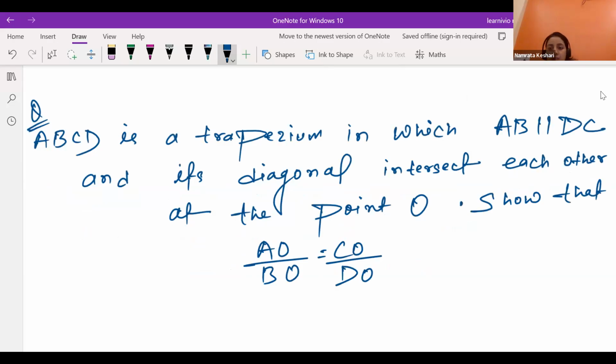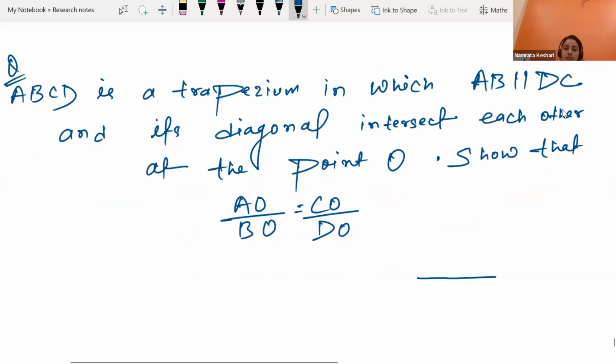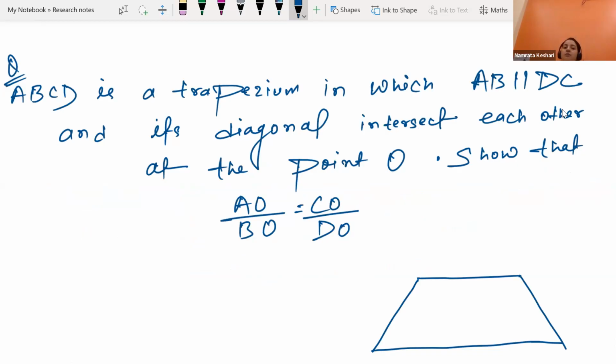Let's draw the figure. Here it says that ABCD is a trapezium. We know that in a trapezium there is a pair of parallel sides. Those are called the bases of the trapezium, and the pair which is not parallel with each other are called the legs of the trapezium. So ABCD is a trapezium in which AB is parallel to CD.